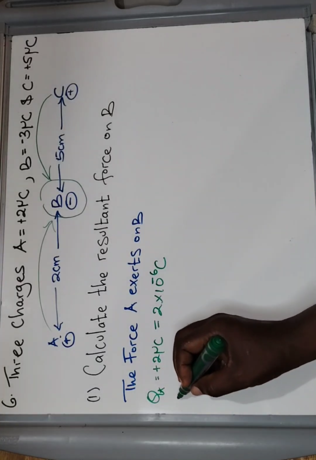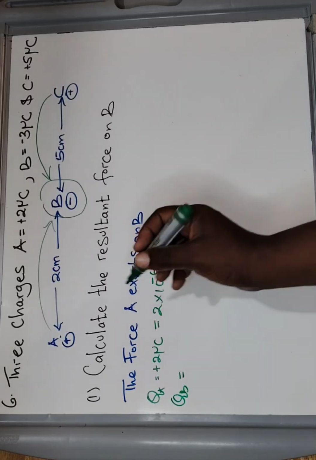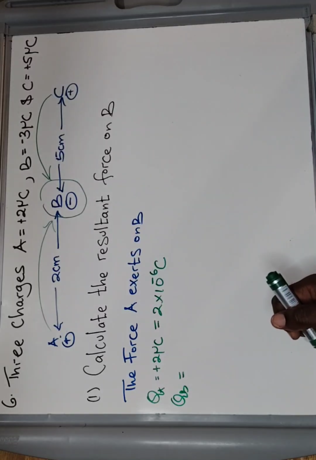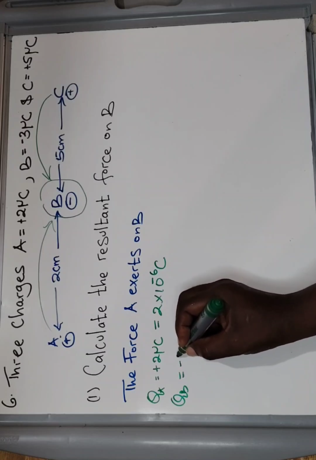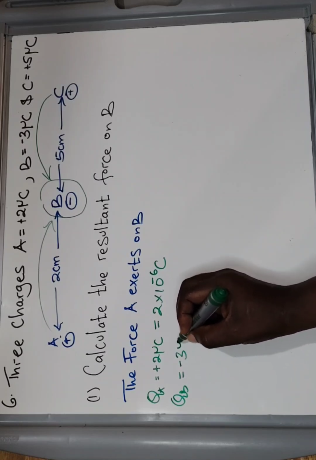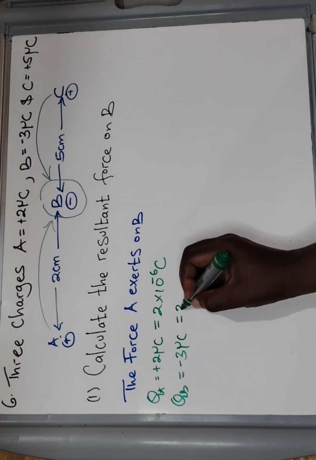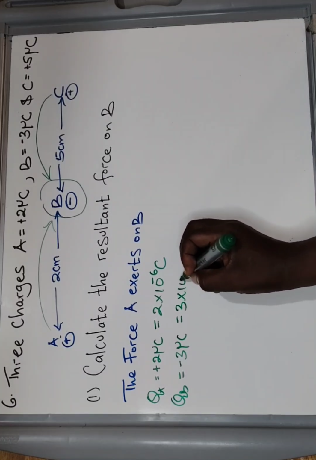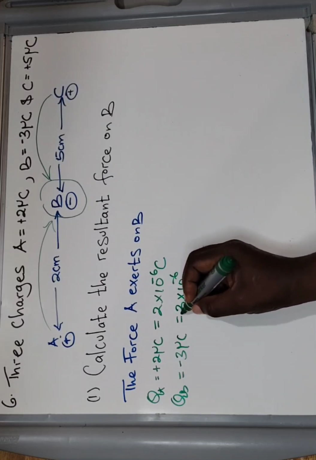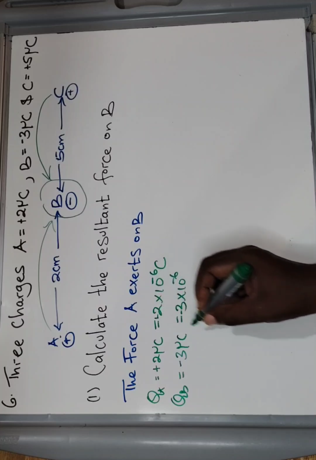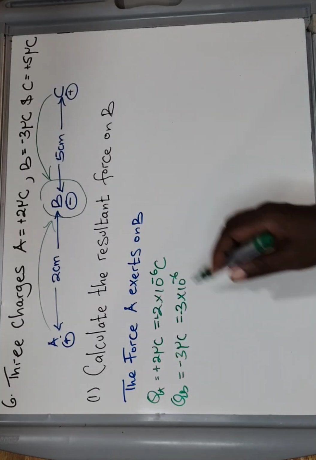Okay. We also know the charge B, which is minus 3 microcoulomb, giving you 3 times 10 power minus 6, but minus, this is a plus. What else do we have for this one?